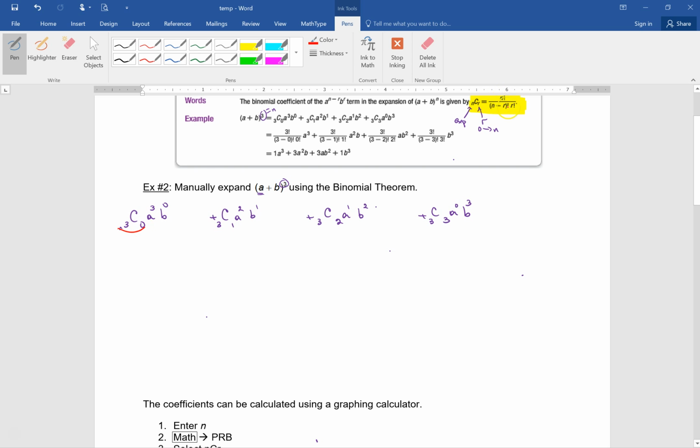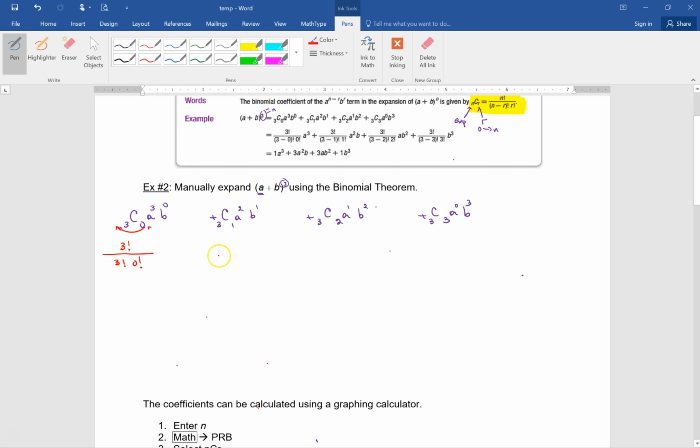And the formula is this. So on top you have N factorial. Now remember, this is your N and this is your R. So on top you have N factorial, which is 3 factorial. And then you do 3 minus 0, 3 factorial, and that number, 0 factorial.